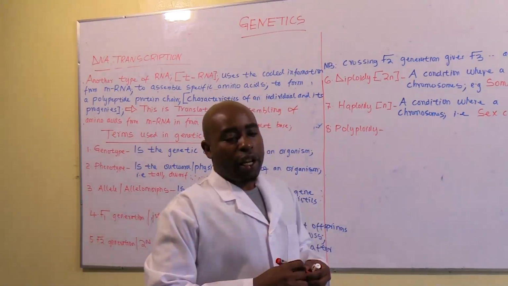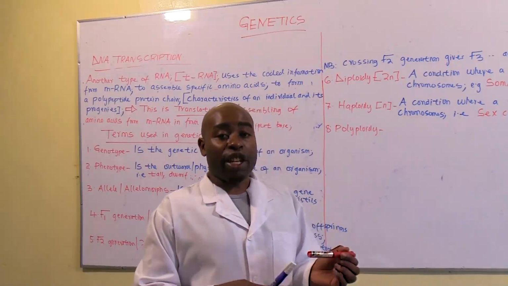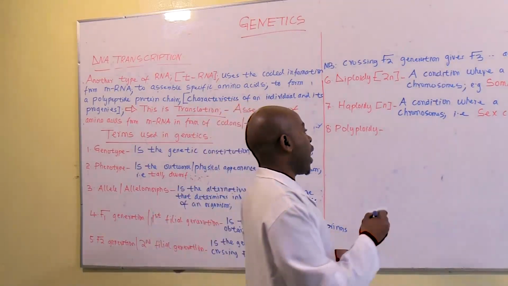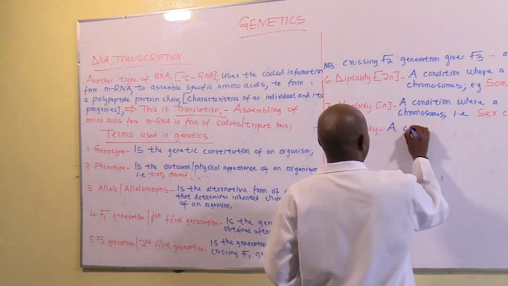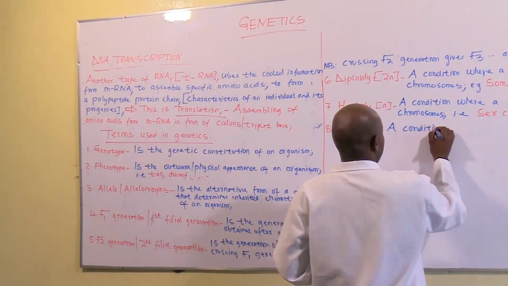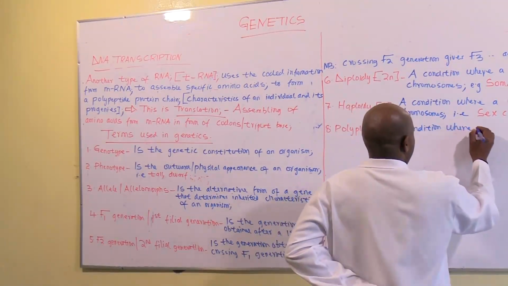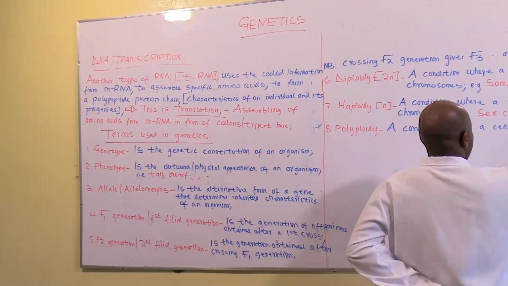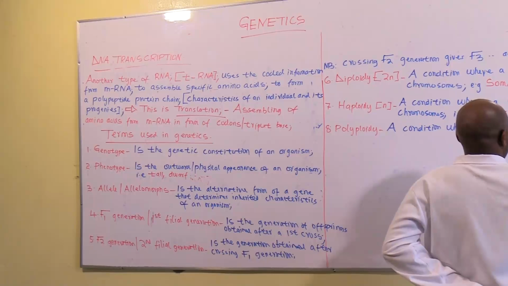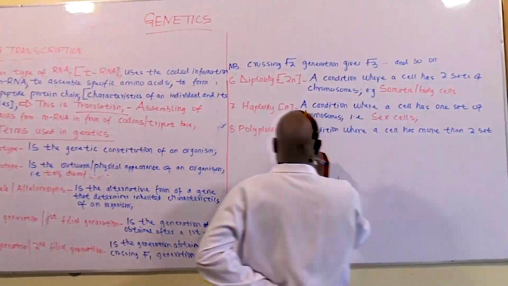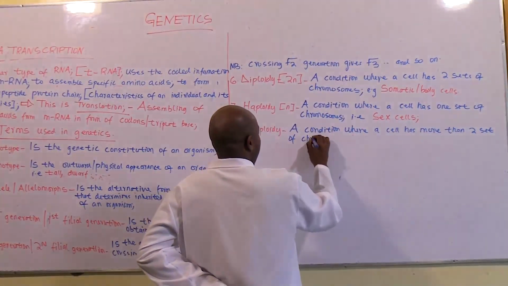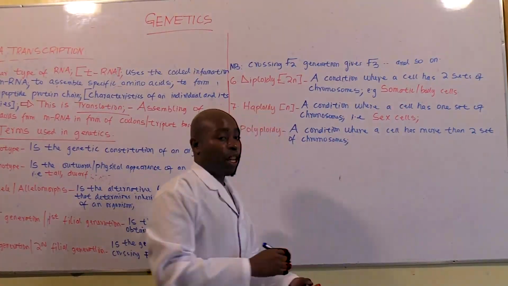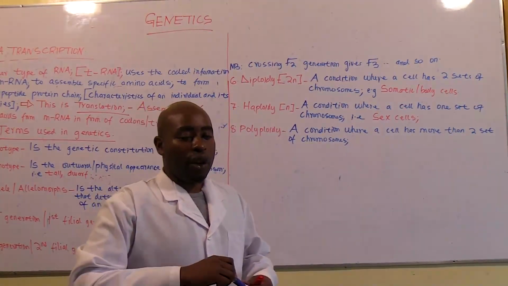So polyploidy, this is a condition where a cell has more than the required number of sets of chromosomes, that is the 2. So this is a condition where a cell has more than 2 sets of chromosomes.